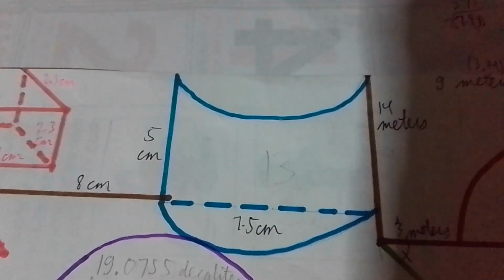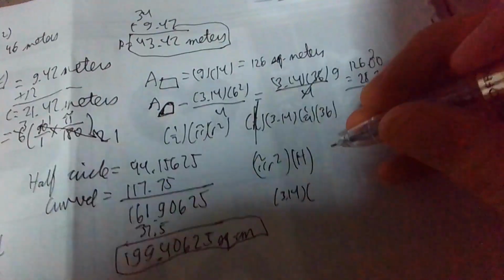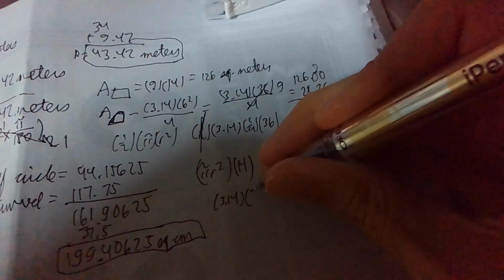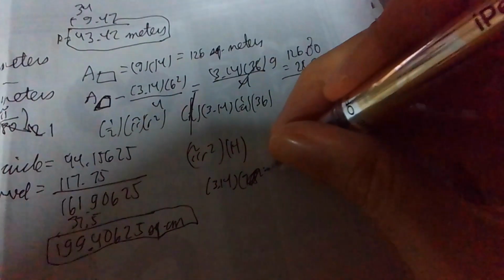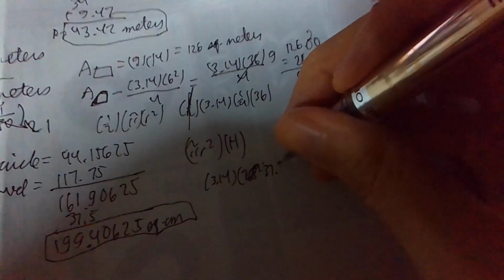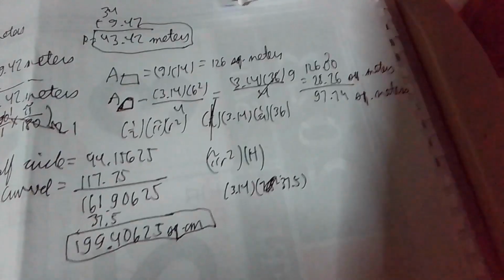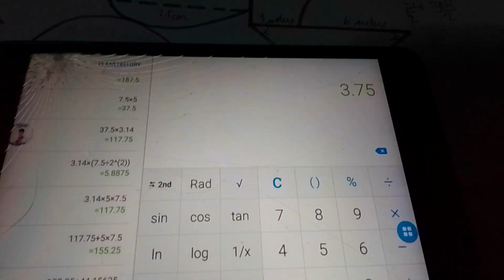Okay? So therefore, we have 3.14. Diba remember ito yung area ng circle, diba? Semicircle. 3.14 times the radius squared, 7.5 squared. Teka, that's 3.75, diba? 37.5. Tama. Kung chinek ko with a calculator, it should be like this. 7.5 divided by 2, therefore it should be 3.75.